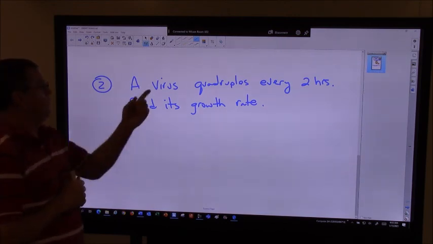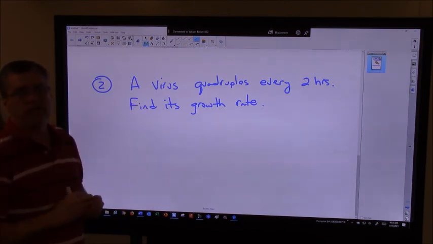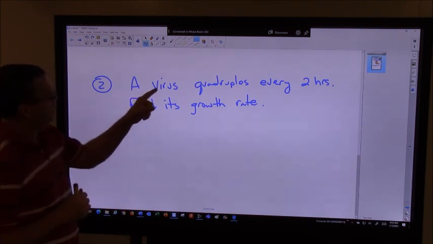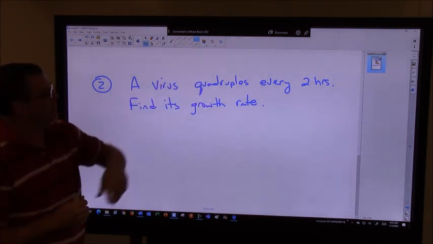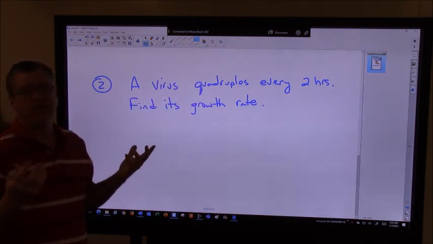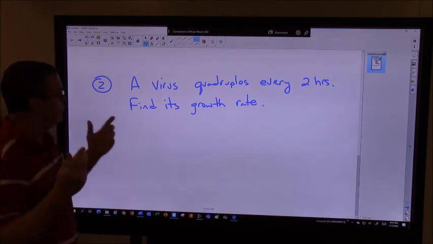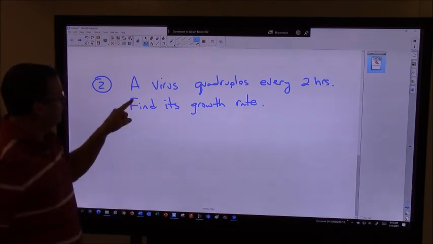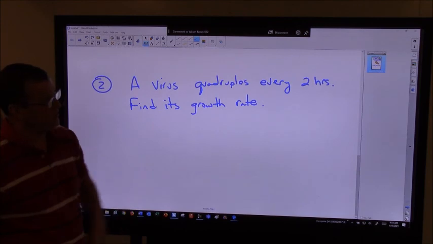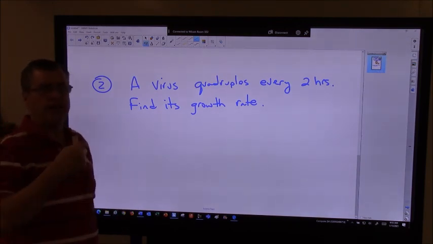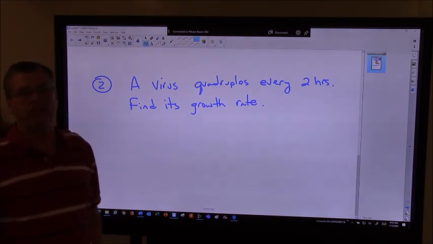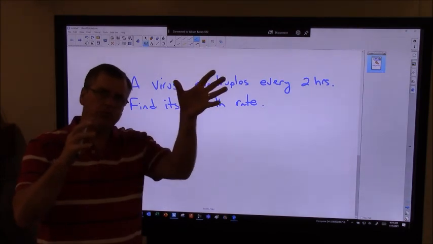All right, virus. Yeah, we all know about viruses right now, don't we? A virus quadruples every 2 hours. I have no idea if this is a realistic problem or not. I just made it up. But they want us to find its growth rate. All right, so I'm expecting an answer larger than 1 this time. Remember, larger than 1 means growth.